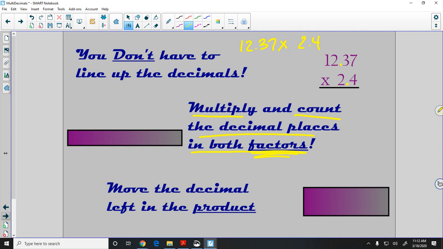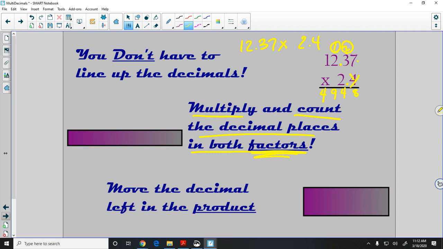Start with 4 times 7 is 28. Carry your 2. 4 times 3 is 12 plus 2 is 14. 4 times 2 is 8 plus 1 is 9. 4 times 1 is 4.